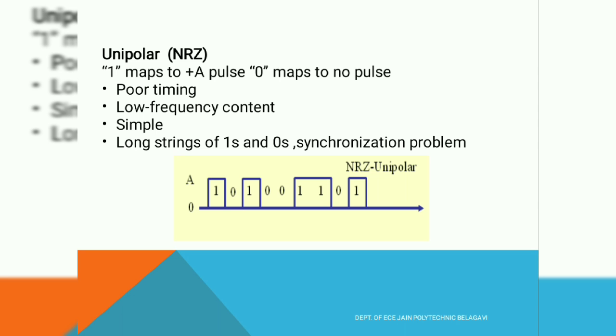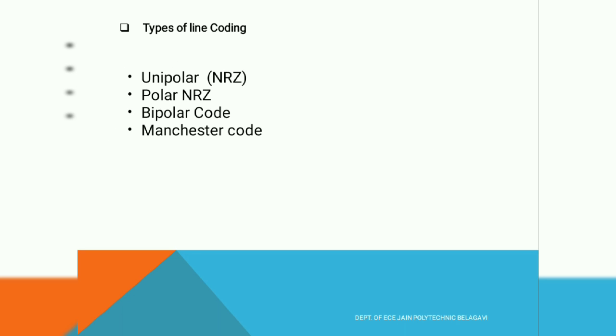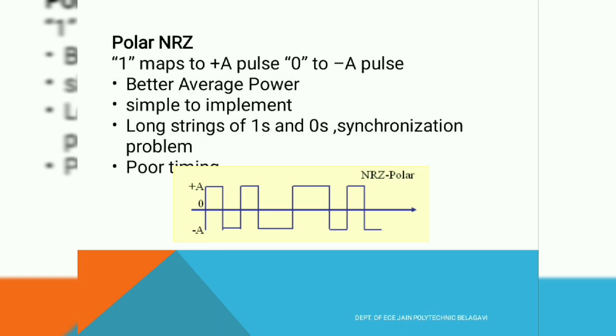Okay, so next concept, polar NRZ, polar non-return to zero. Here, in positive logic, suppose symbol 1 is going to be transmitted, 1 maps to plus A volts and 0 maps to minus A volts.